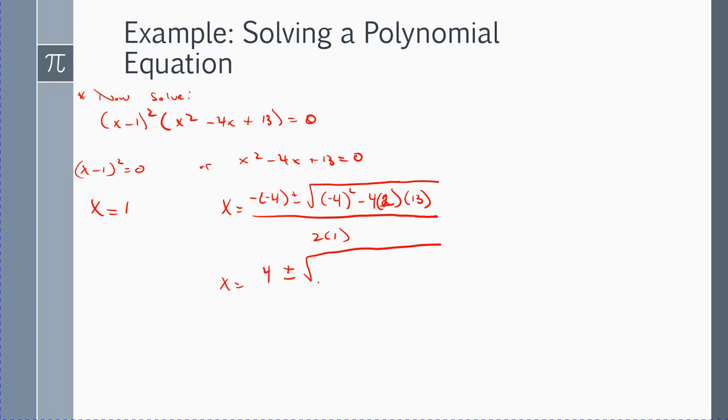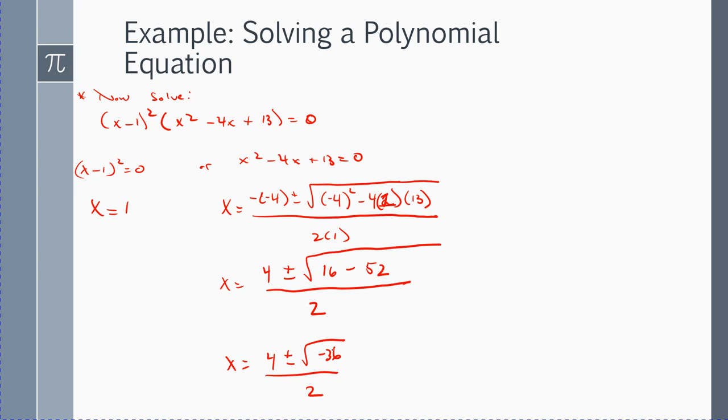What is negative 4 squared, right? That's 16 minus 4 times 1 times 13. What is 4 times 13, right? You could do it as 26 plus 26 gets you 52. All over 2 times 1 is 2. So 16 minus 52 is negative 36, all over 2.